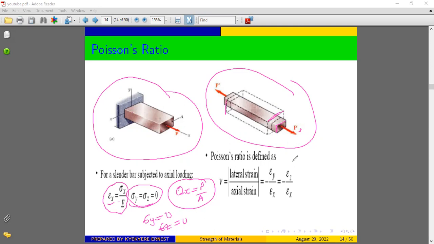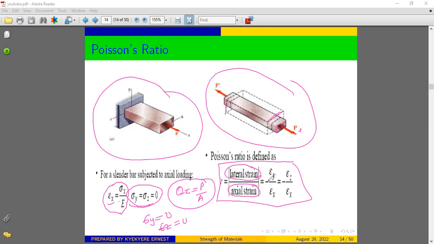So as you can see from the screen, in this case, the y and the z-axis are going to be our lateral axes. So the contraction in the lateral axes, which is both in the y-axis and the z-axis, over the elongation in the x-axis, where the force has been applied, is what will give us the Poisson's ratio.